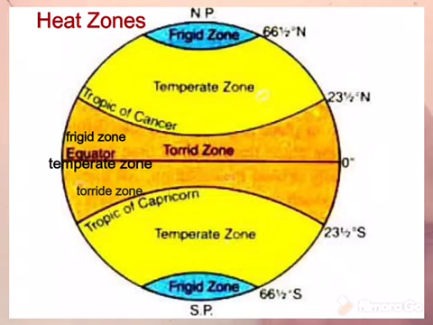And the temperate zone is in between the frigid zone and the torrid zone. Next is the frigid zone, in between the North Pole and the Arctic Circle, and in the south, in between the South Pole and the Antarctic Circle.